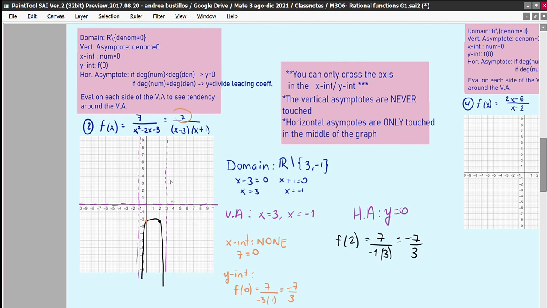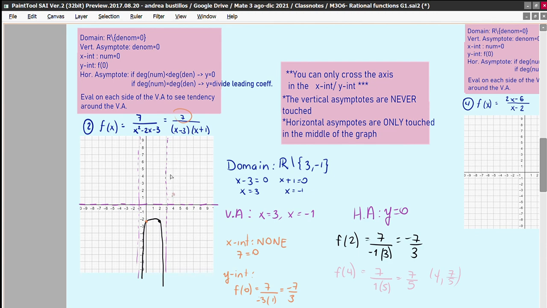Choose a point to evaluate in this place that is close to the vertical asymptote. The vertical asymptote is at 3, so a close number to it is 4. So I'm going to evaluate my function at 4. This function evaluated at 4 is 7 over 1 times 5, so this is 7/5, meaning that the point (4, 7/5) is going to be located around here.